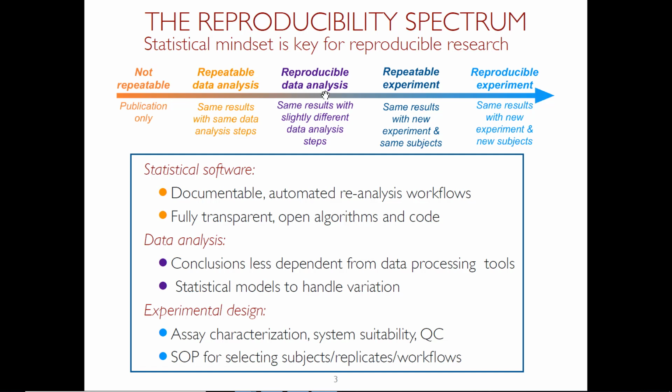But this is not the whole story, because now what we really want to do is to not work with the same biological samples, but show that our results hold for new individuals from the same conditions or the same populations.